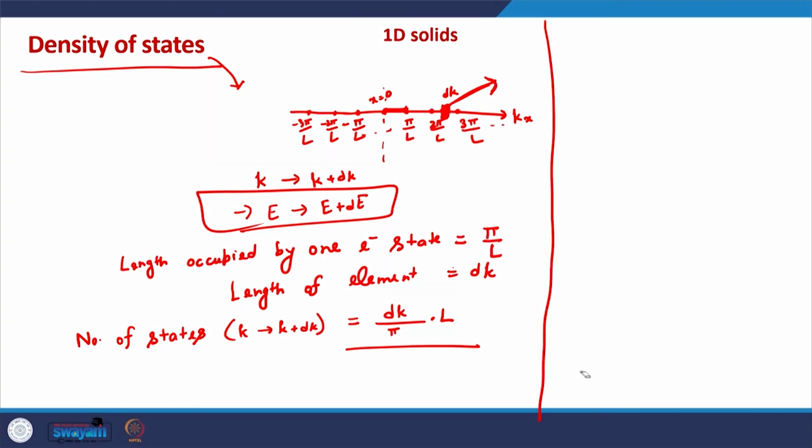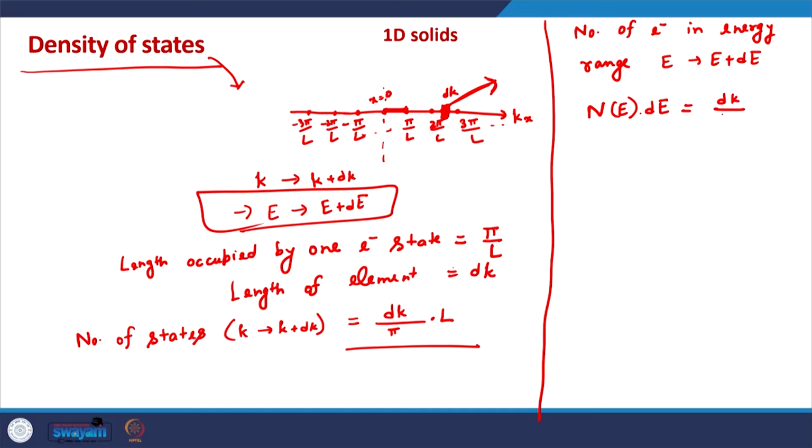So, the number of electrons in energy range from E to E plus dE, which is described as N_e times dE, will be equal to dk by pi times L.